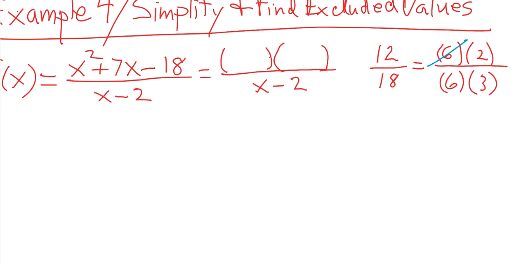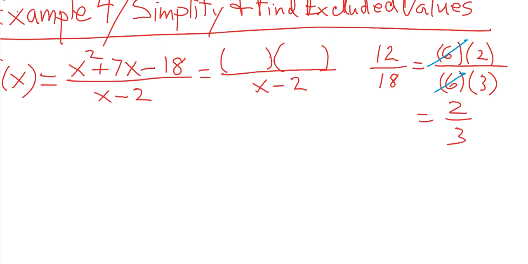So what can we do? We can cancel them, and then we are left with our simplified result of 2 divided by 3. Simple, right? So what you do, you factor the numerator and the denominator, and you look for any common factors that you can cancel, okay?